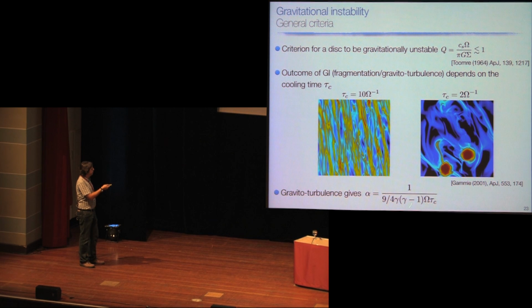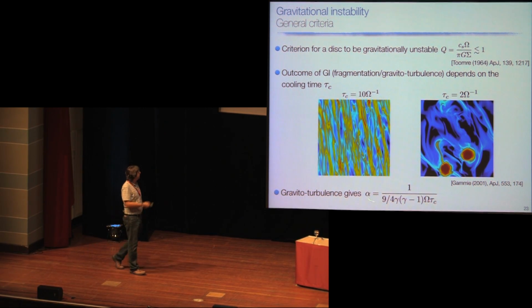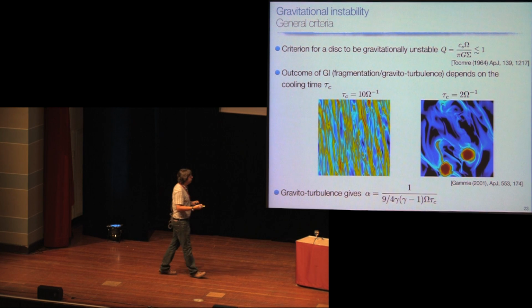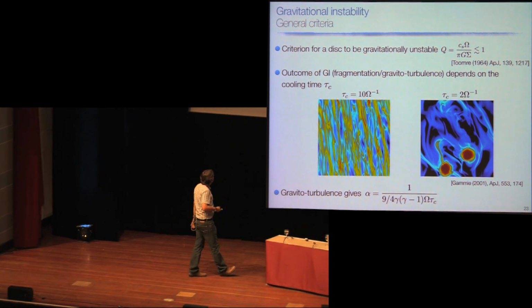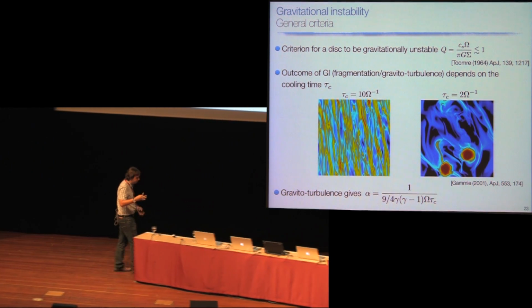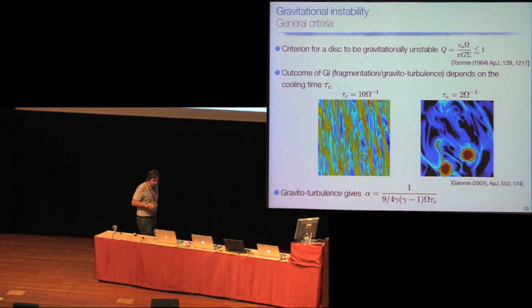Alpha essentially depends on the adiabatic index and the cooling timescale. That's quite simple, a nice picture. It tells you that if your cooling time is shorter than about 3 local orbital times, then you are in the fragmentation regime, and otherwise you are in the turbulent regime.